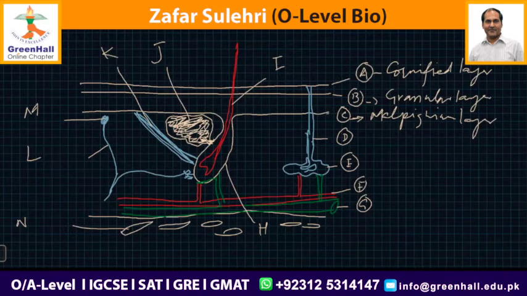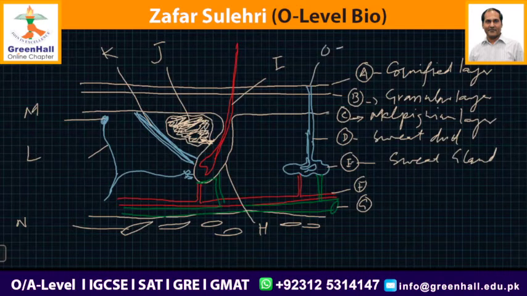What is D? Sweat duct. Yes, D is sweat duct, and E is sweat gland. And if it is here, that will be sweat pore. Okay.